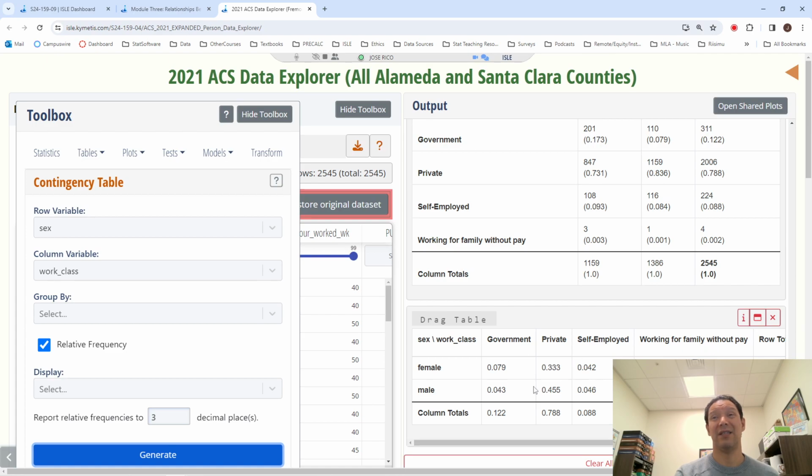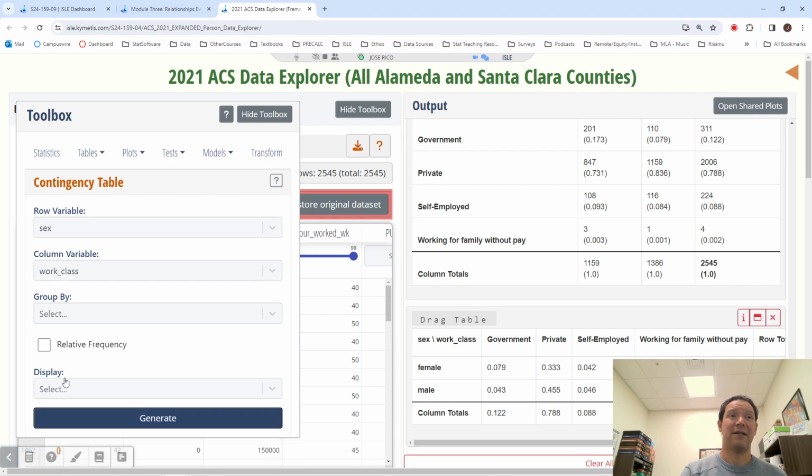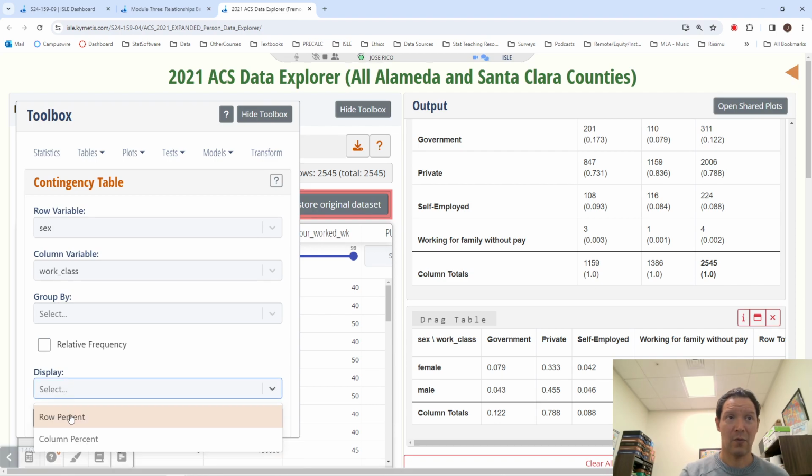These numbers are actually the percent of the whole. So of all the workers, males and females, 7.9% of them are female that work for the government. 45% are male that work for the private industry. You really can't make too much sense of these numbers here. Never do that. Instead, do row percent.